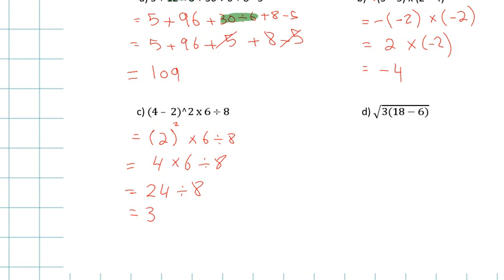You just did this basically. And then you did this. You forgot to do this. 2 times 6 is 12.